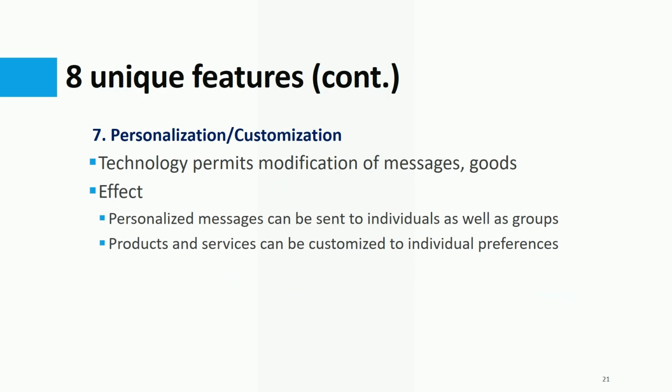The next feature is called personalization or customization. E-commerce technology allows for personalization and customization. This means that merchants can tailor marketing messages and products to individual customers based on their interests, past purchases, and behavior online. With e-commerce, a lot of information about customers can be collected and used by online sellers.